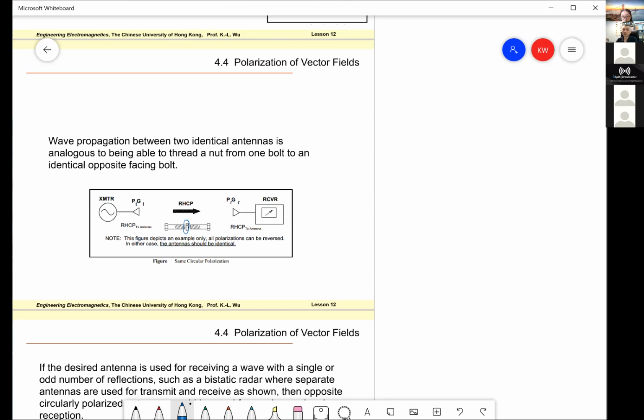So both for the transmitting antenna, TX, and for RX, we use the same type of antenna, for example, a right-hand circularly polarized antenna.